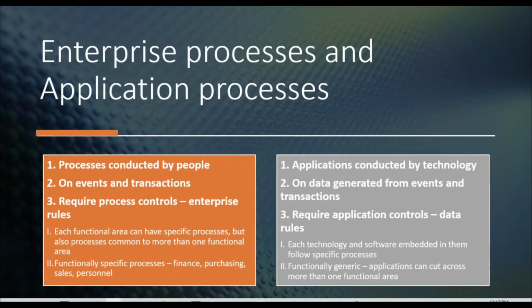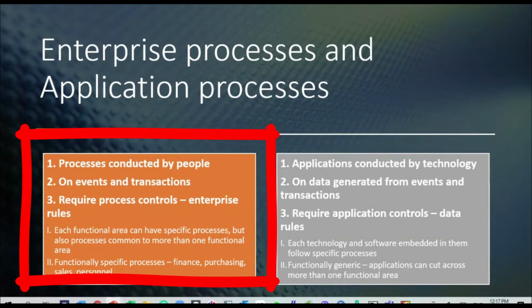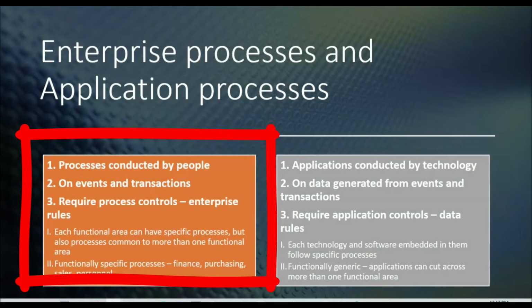So there are enterprise or business processes, and there are application processes. The enterprise processes are conducted by people on events and transactions. They require process controls. They follow enterprise rules. These processes apply to each functional area and can have specific processes in there.